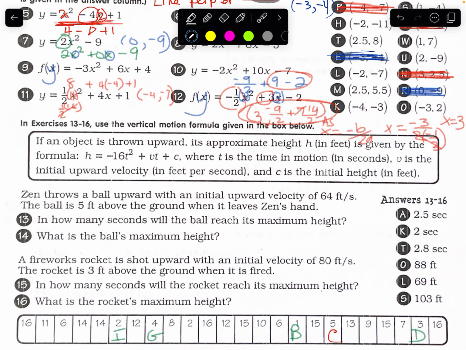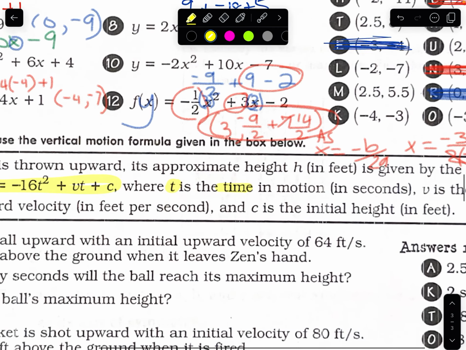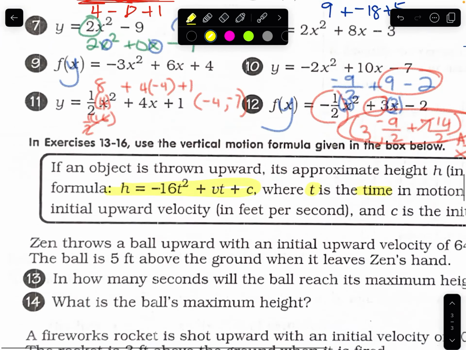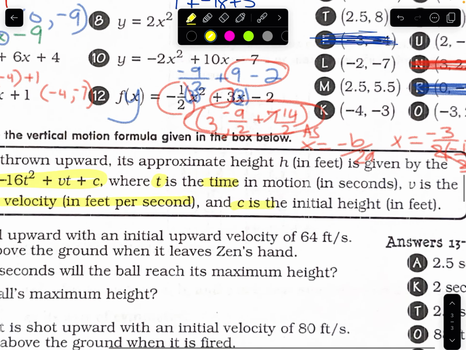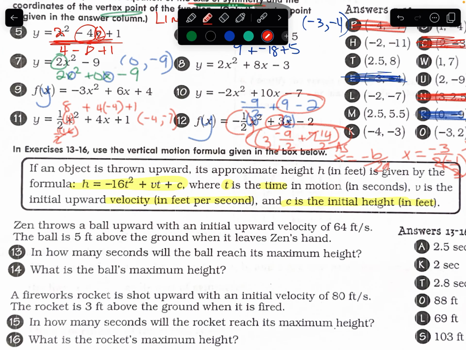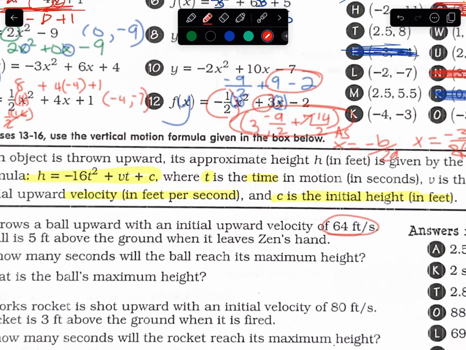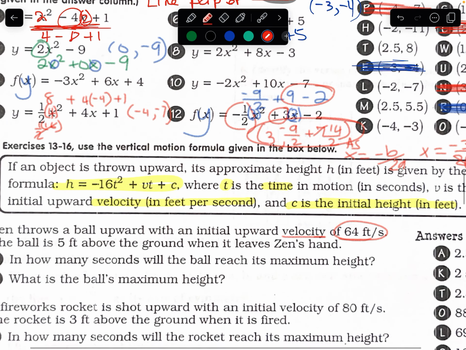Now, for all these problems, you have to use this formula right here. If you're reading this carefully, you shouldn't have any problem with this. T represents time in seconds, and V is the upward velocity, which means speed per second in feet. C is the constant or initial height. So first problem here: Zan throws a ball upward with an initial velocity of 64 feet per second. So that's velocity.